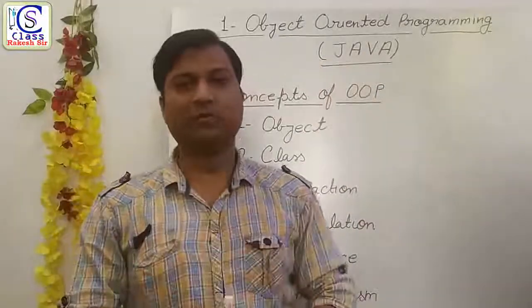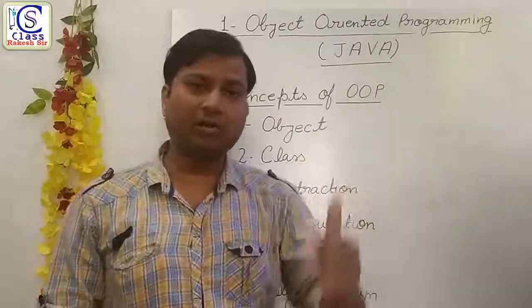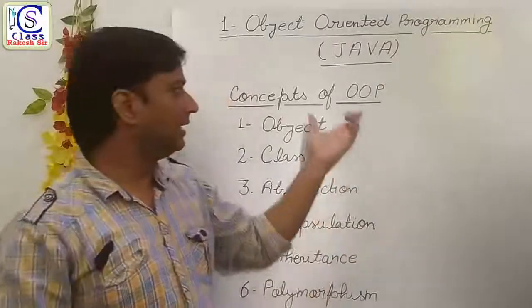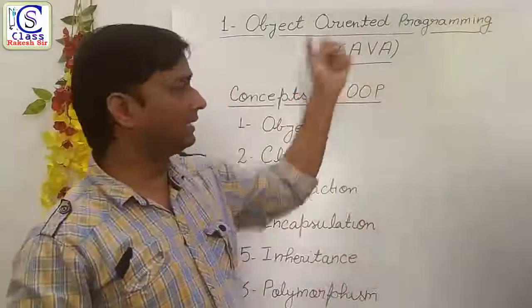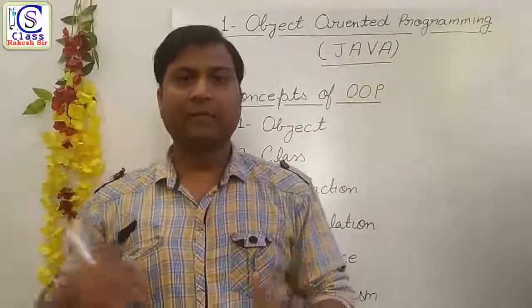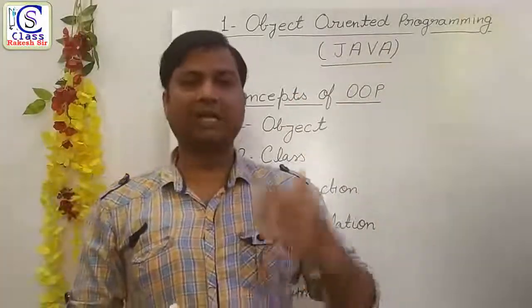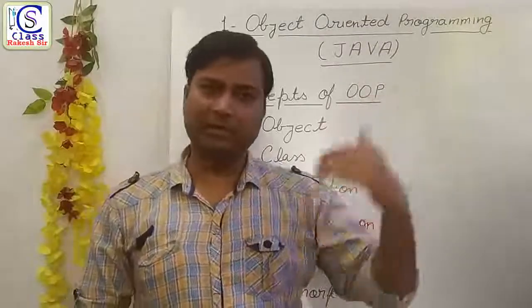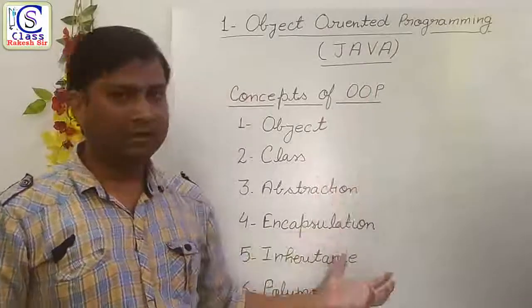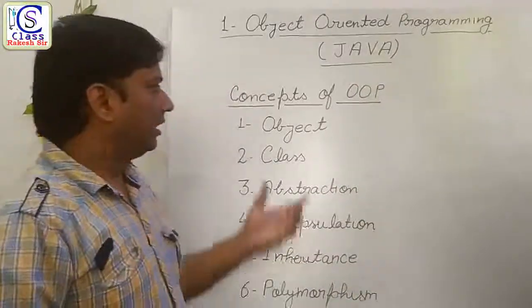Now in this video, we will learn all the concepts inside this object oriented programming structure, inside this technique: how many different techniques we have to follow, and which different rules we have to use. One by one, we will learn all the points here.